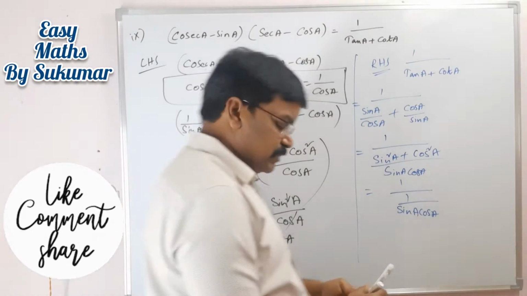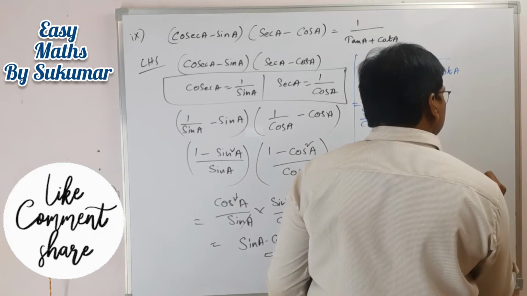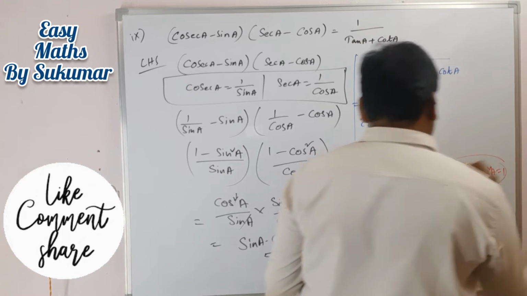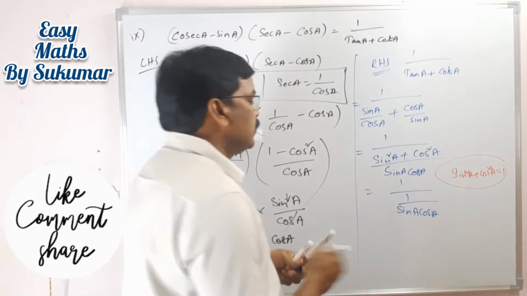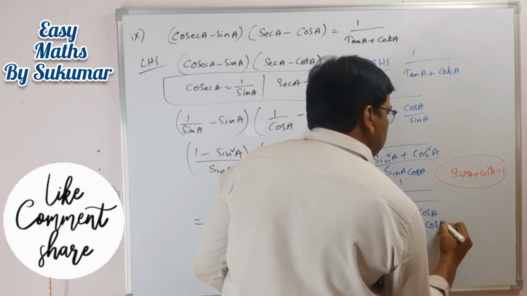The reason is sin square A plus cos square A is equal to 1. Okay. So 1 by sin A cos A means it is equal to sin A cos A.